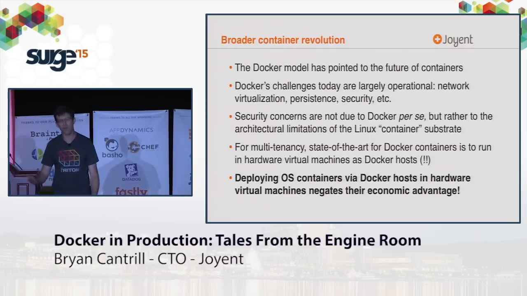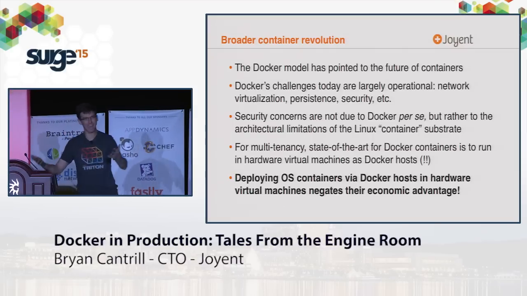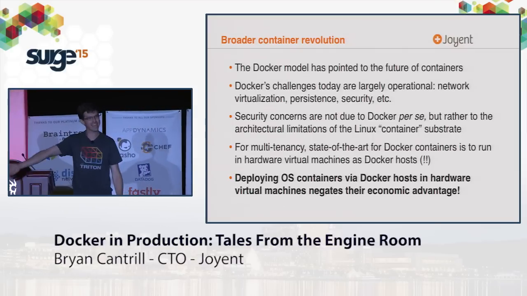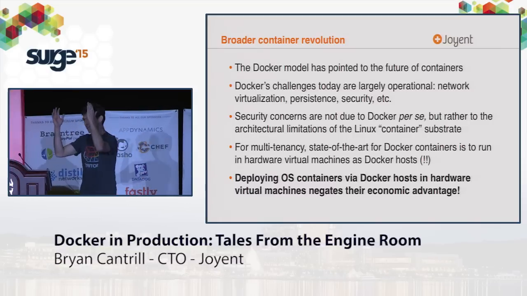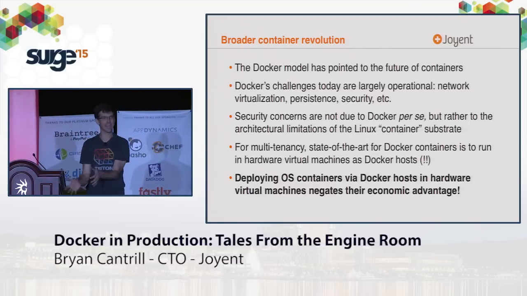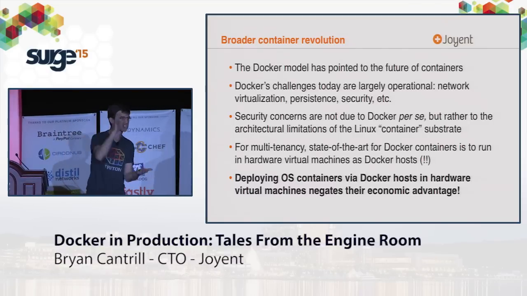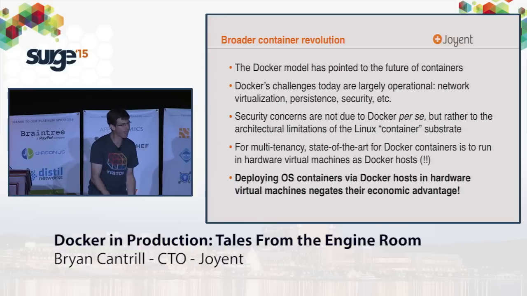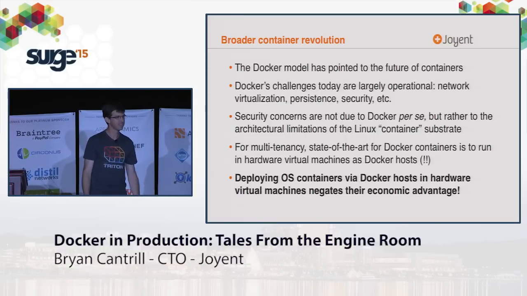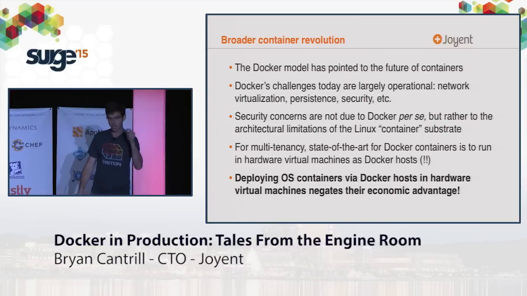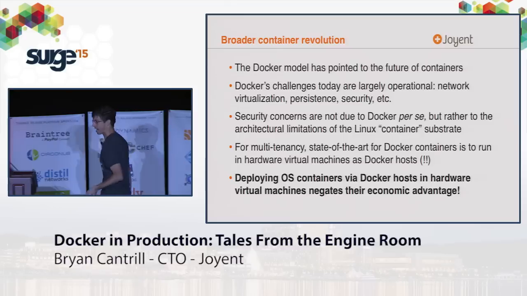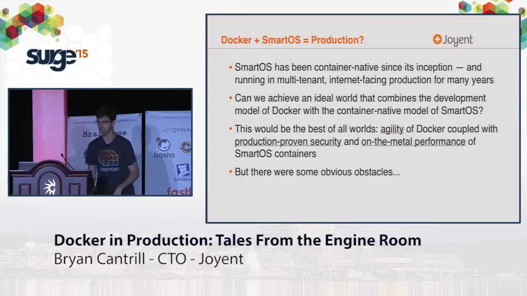Come on, humans. I try to allow you to have these advances, and must you do this? Must you take the operational advantages of containers and now shackle them to the 1401? Please don't do this. And when you deploy containers via a VM, you negate the economic advantage of containers.